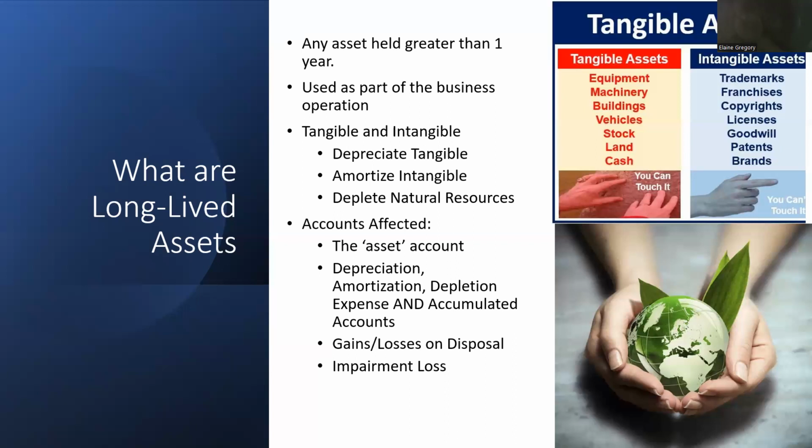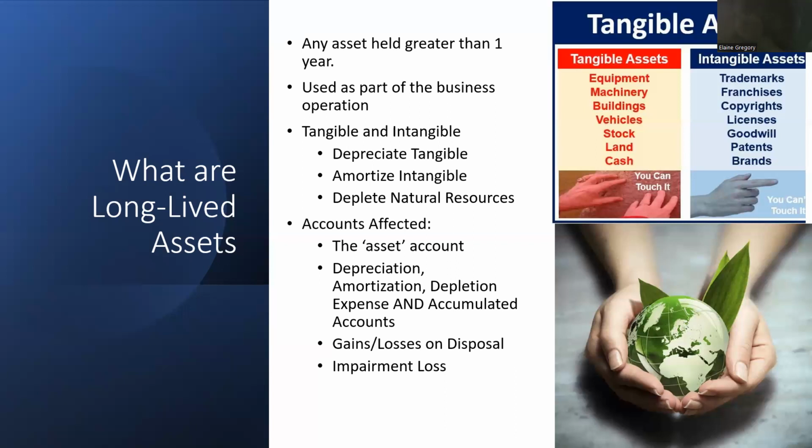So when we're thinking about these types of long-lived assets, there are, again, a number of accounts that can become affected by it. The individual asset account, the depreciation, amortization, depreciation expenses, as well as their associated accumulated depreciation accounts, gains and losses on disposal, impairment loss.